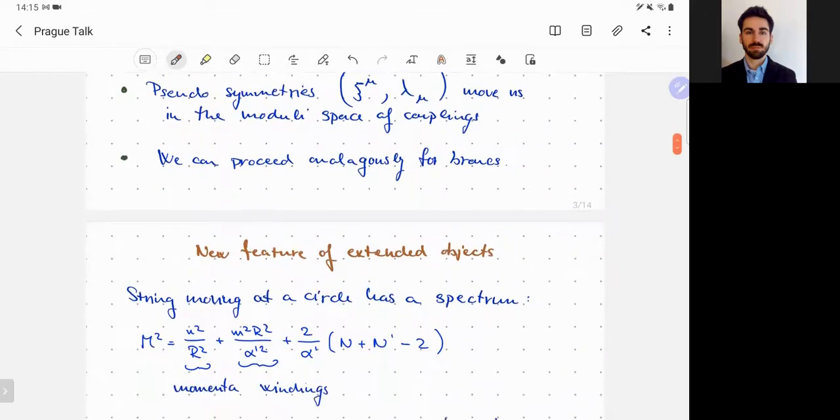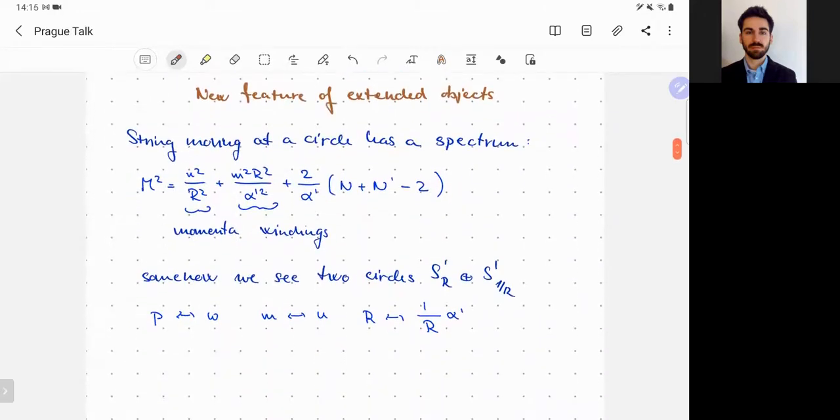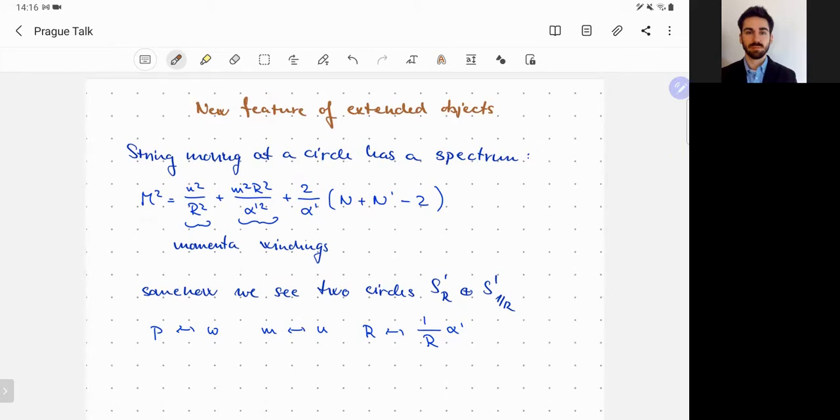Right. So there's this new feature I was just going to glance over because Friedrich will probably have something to say about T-dualities and U-dualities. In string theory, we know that on the toroidal background, upon quantization we get this interesting spectrum which consists of momentum modes and winding modes.